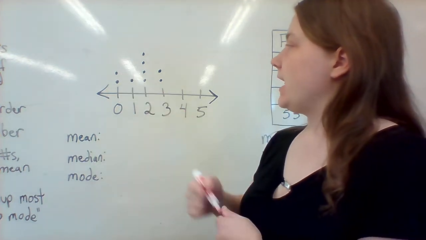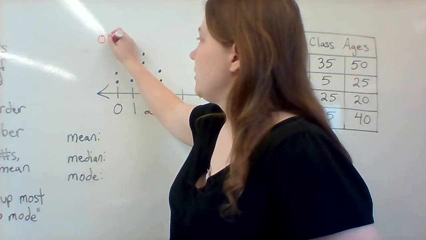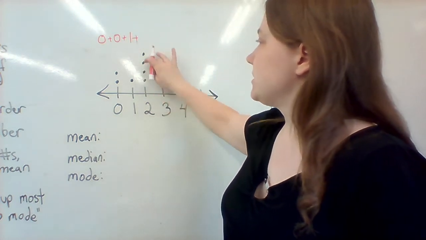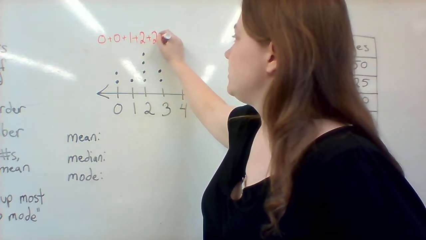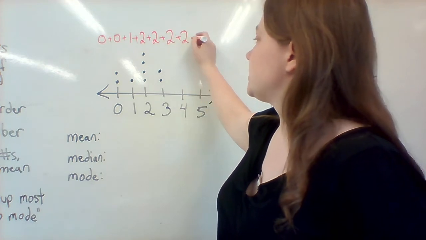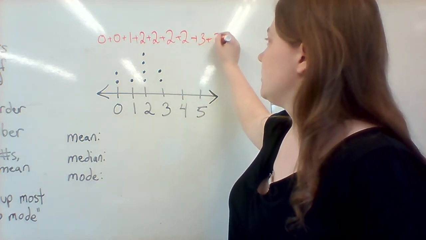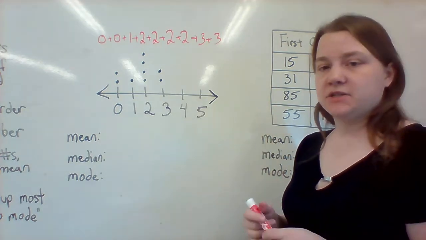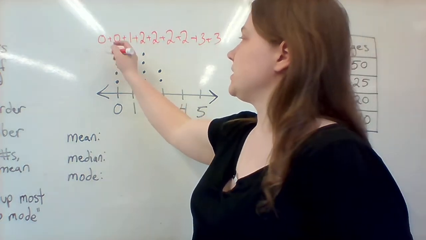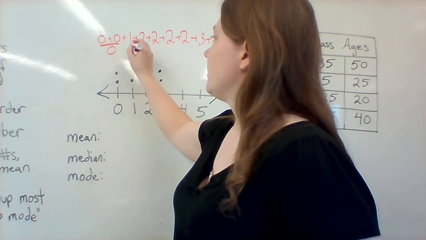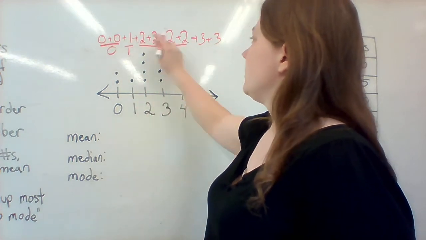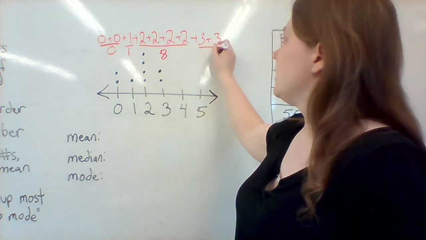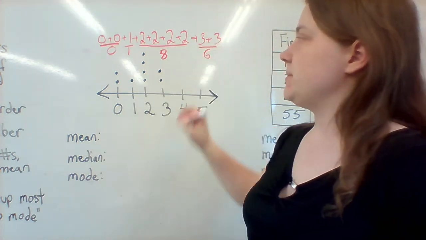So we're going to add up 0 plus 0 plus 1 plus 2 plus 2 plus 2 plus 2 plus 3 plus 3. And we're just going to add those numbers up straight. So 0 plus 0 is 0, 1 is 1, 2 times 4 is 8, and 2 3s are going to be 6.